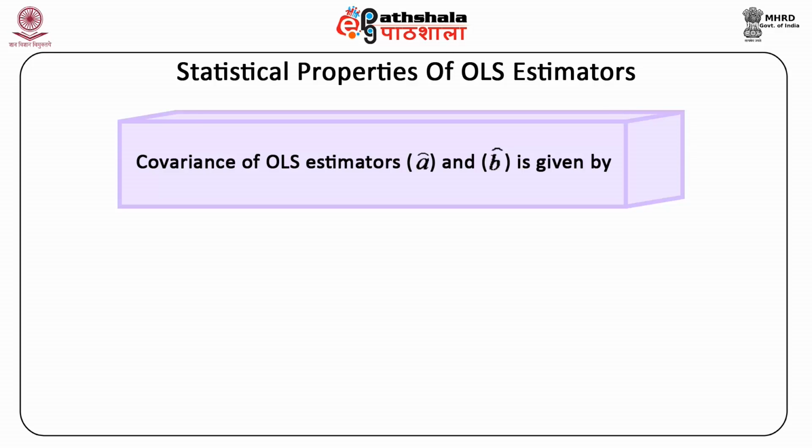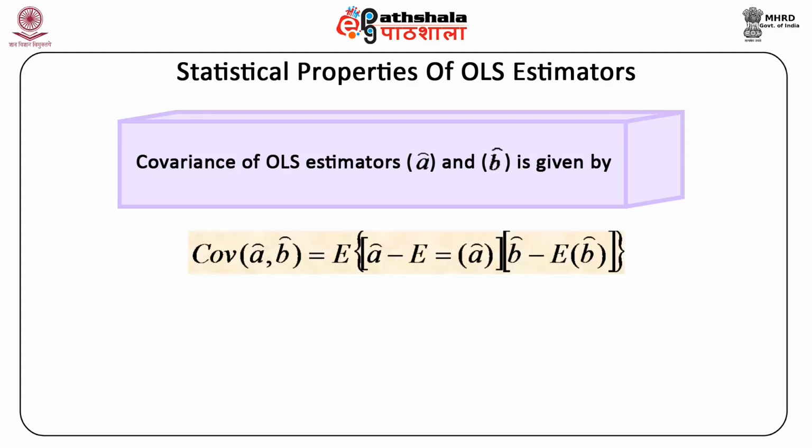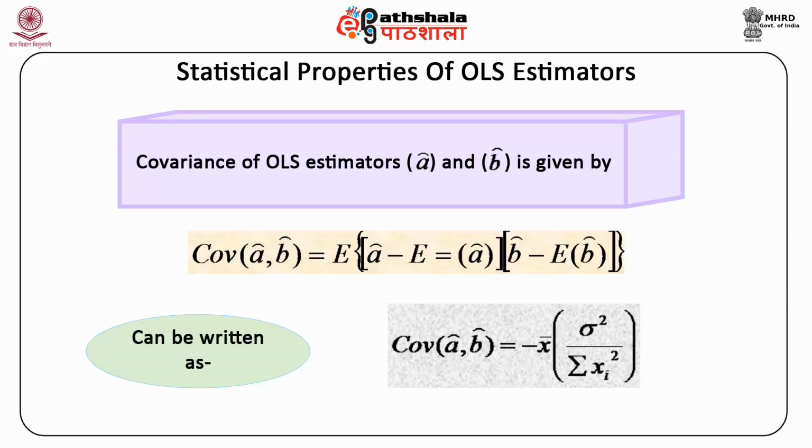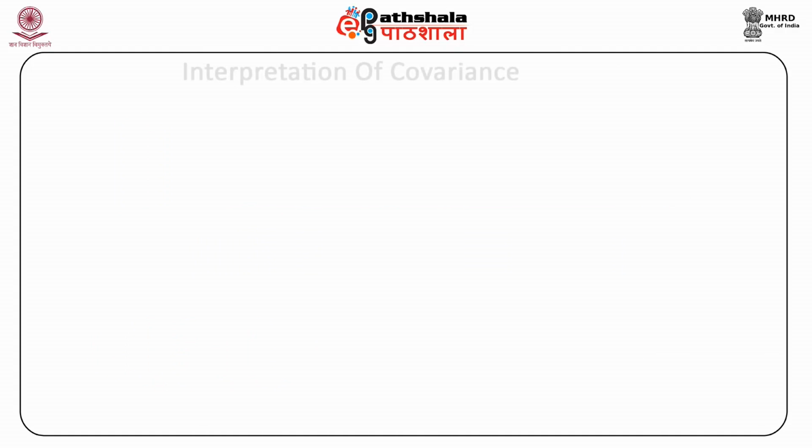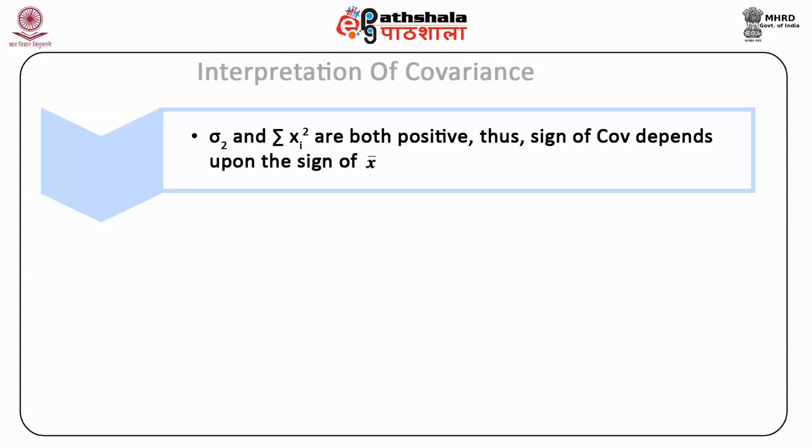The covariance of the OLS coefficient estimators a hat and b hat is given as covariance of a hat and b hat is equal to expectation of a hat minus expectation of a hat into b hat minus expectation of b hat. Interpretation: sigma square and summation xi square are both positive.